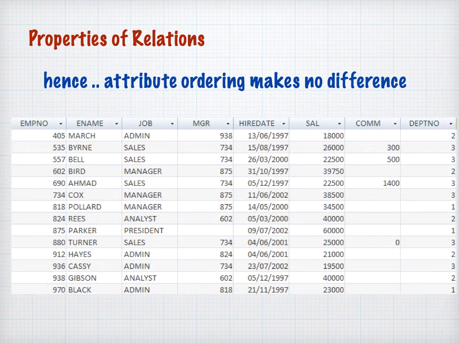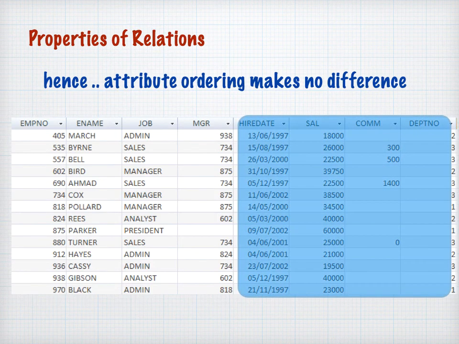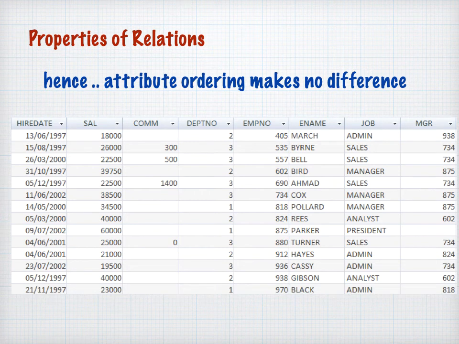Well, attribute ordering doesn't actually make any difference. So if I take this table, for example, you can see we've got employee numbers, names, the jobs they have, who their manager is, when they were hired, and their salary and commission and department number. What we could do is grab a bunch of those and shift them to the other end.